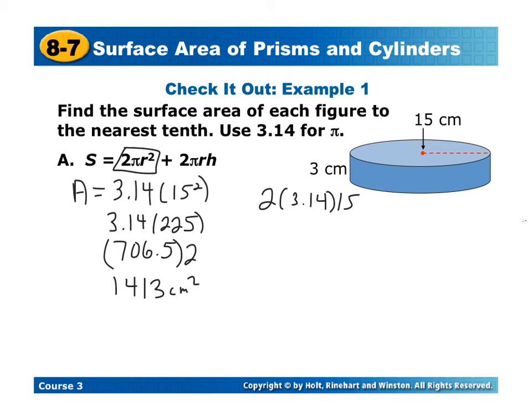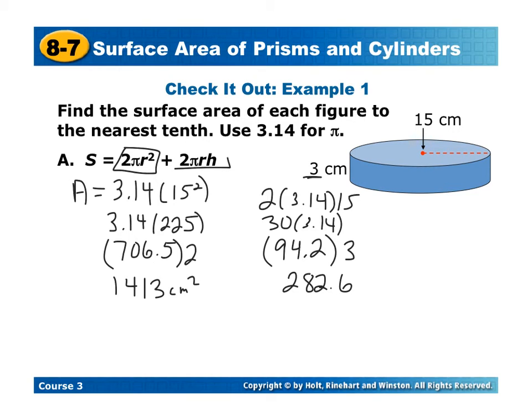I like to do as much as I can in my head, so I'm going to do 30, because 2 times 15 is 30, times 3.14, which is 94.2. And now I'm going to take that and multiply it by the height of our cylinder, which is 3, which gives us 282.6. And so now that's that part.